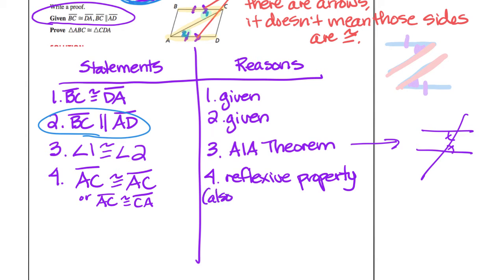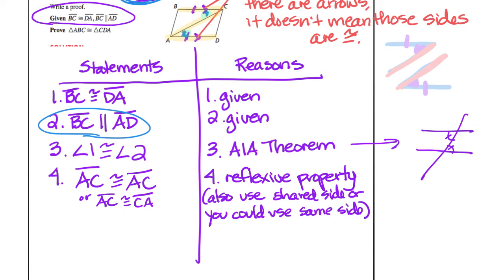You could also use shared side, or you could use same side. Any of those 3 options are okay. And it's a good reminder that whenever you have a shared side, you just always want to look for a shared side. So always notice if there is a shared side.